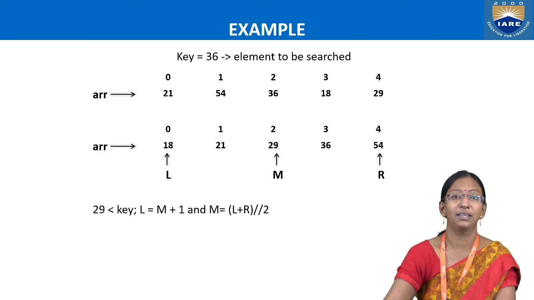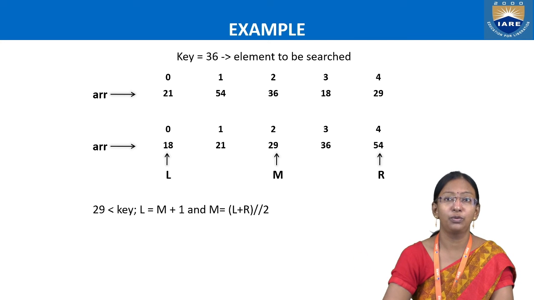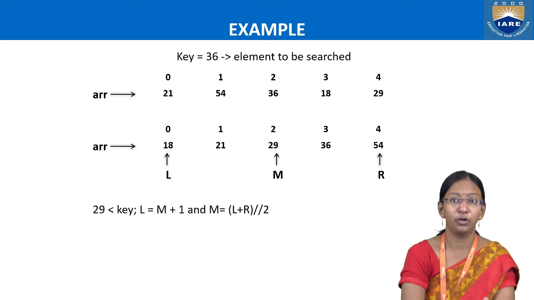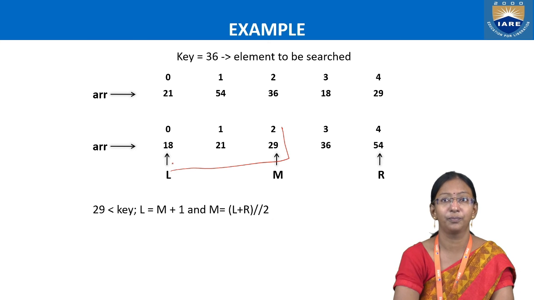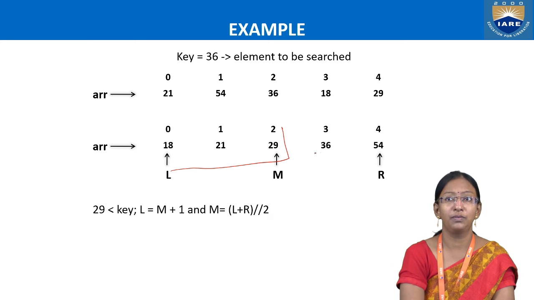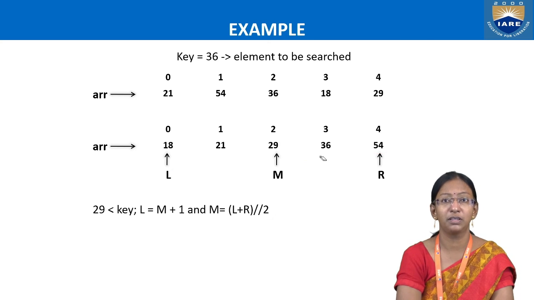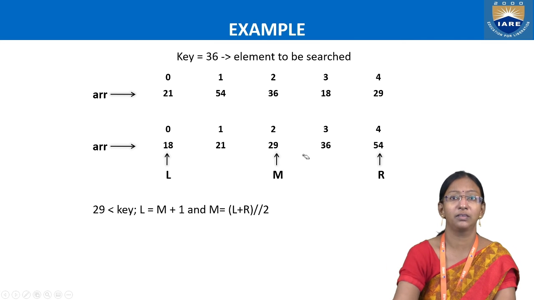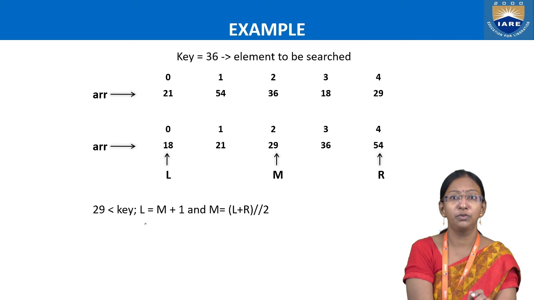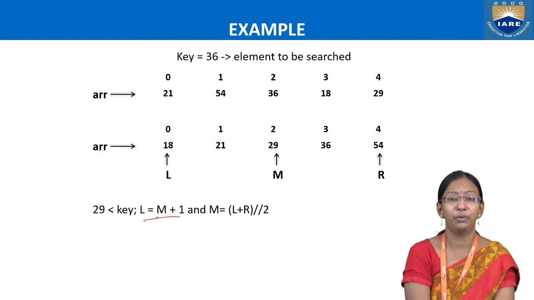Obviously on the right hand side. Then I'm going to forget about this list. I'm concerned only with this list now, right? Because my comparison statement tells that it lies on the right hand side. So I have repositioned my left to M plus 1.